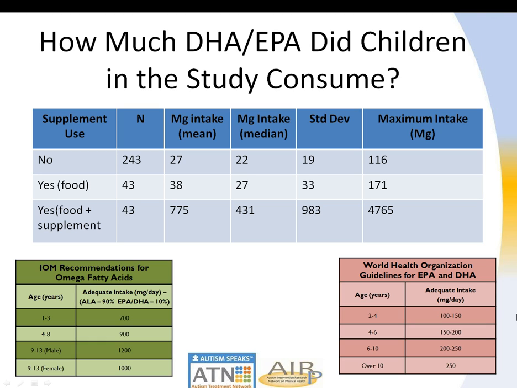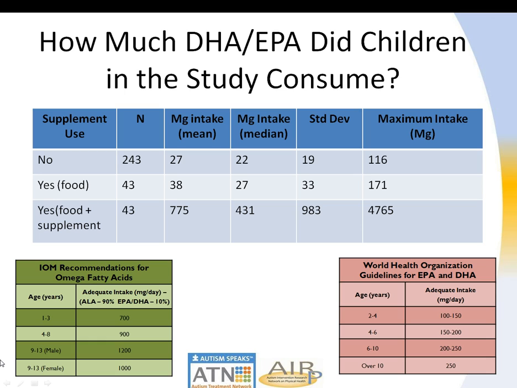So what you see in this slide, on the bottom in green, are the Institute of Medicine recommendations for daily omega-3 fatty acids by age, and in the pink, the World Health Organization recommendations. The green includes the plant-based ALA, of which only 10% is felt to be able to be physiologically used, and it makes some assumptions about the amount of EPA and DHA that children actually consume.